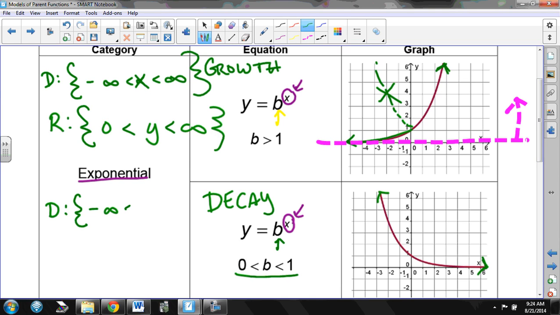So the domain is all real numbers. What's the range? The range of the exponential decay function is going to be what? What y values can we have? Notice all the y values here are greater than 0.